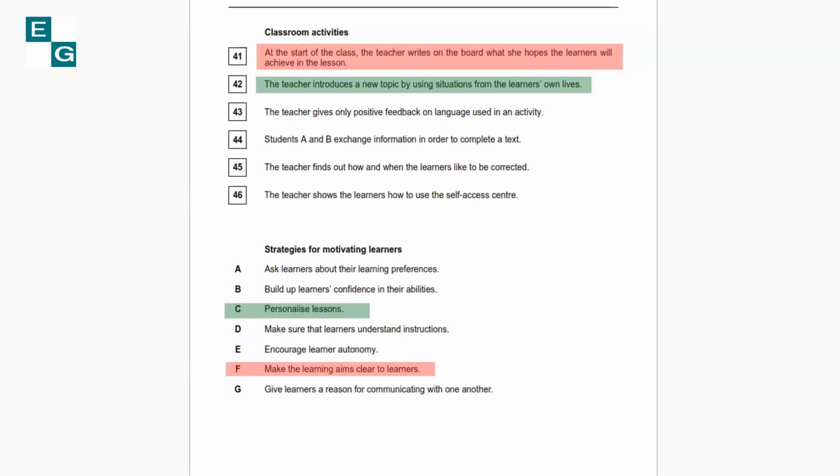Then for number 43, we can say that the teacher gives only positive feedback on language used in an activity.